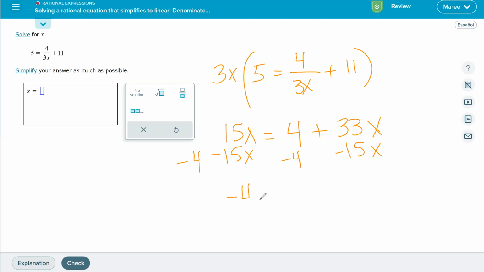So we have negative 4 equals 33 minus 15 is, I think it's 18x. Yes, and then we divide by 18. And we will simplify to negative 2/9 is equal to x.